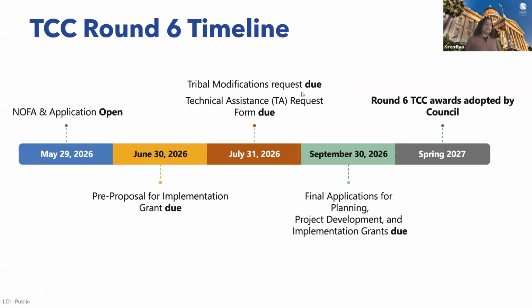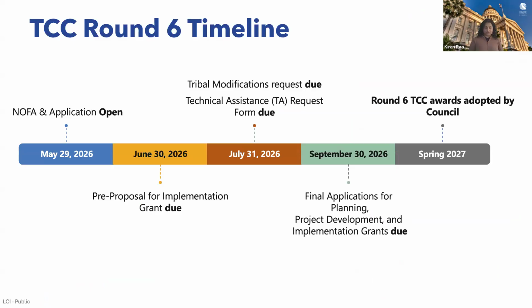This next slide highlights the major milestones for the Round 6 TCC funding cycle and key dates applicants should be aware of throughout the application process. Our NOFA was released and our application was opened on May 29th. For applicants pursuing an implementation grant, a pre-proposal is required and must be submitted by June 30th, 2026.